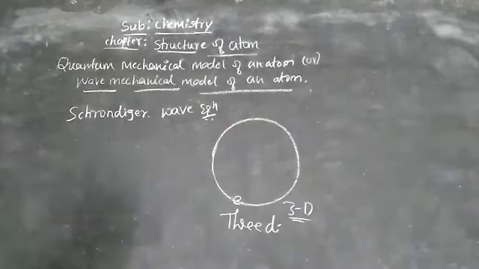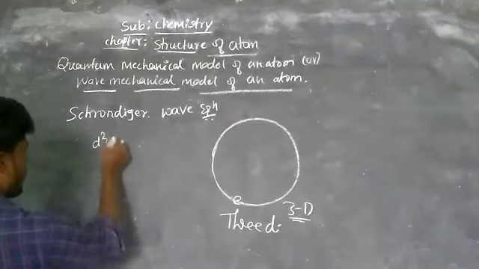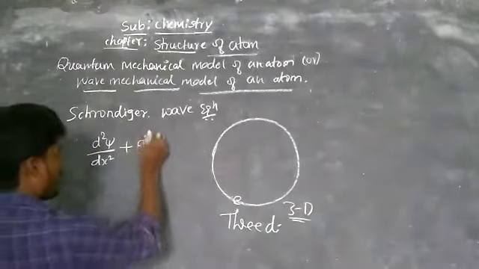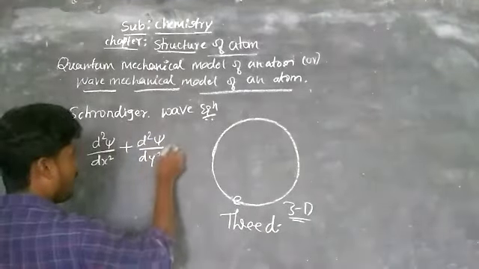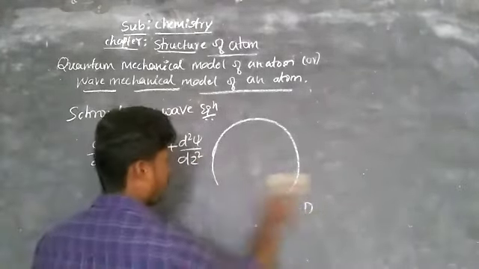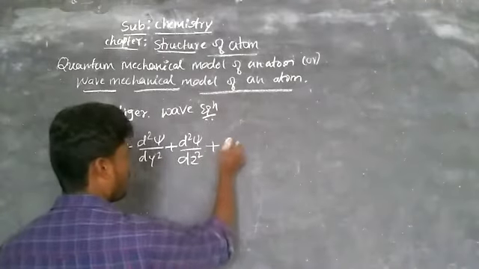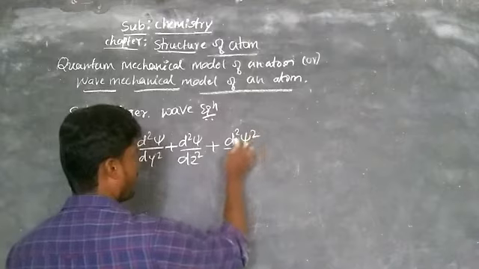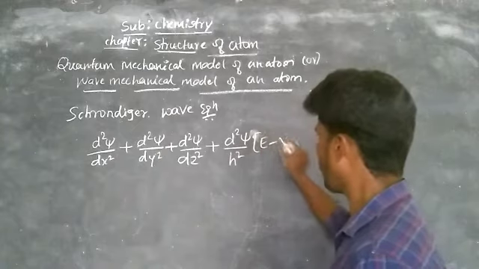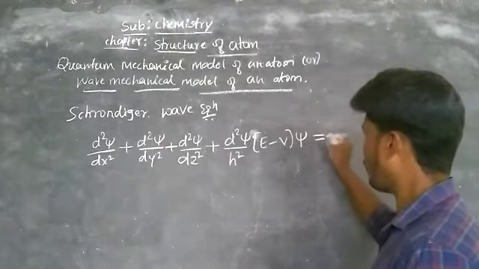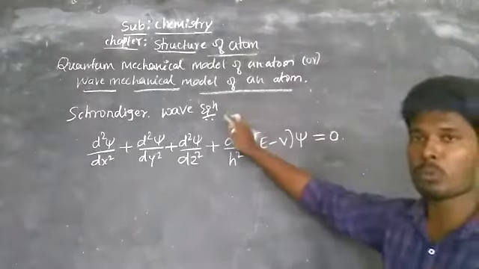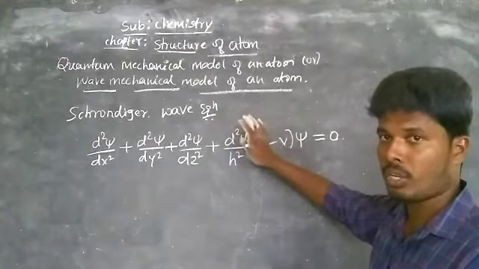That is, the Schrödinger wave equation is d square psi by dx square plus d square psi by dy square plus d square psi by dz square plus d square psi by h square into E minus V of psi is equal to 0. This is the Schrödinger wave equation for moving electrons in a three-dimensional region of an orbit.